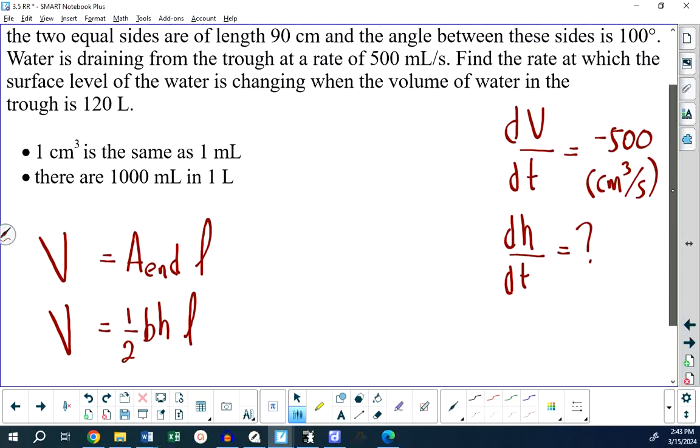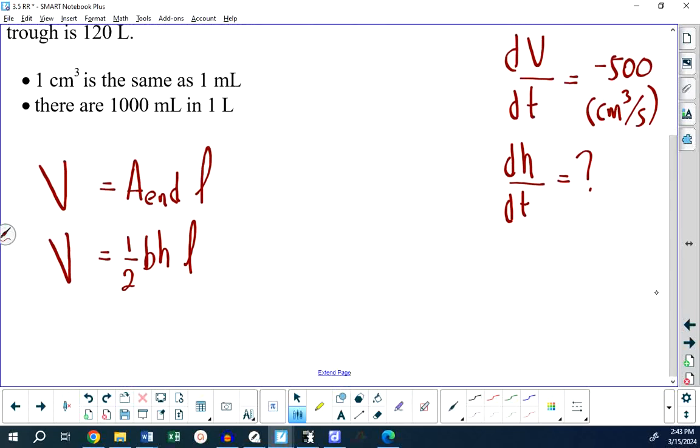One of the things we can do, though, is put in 150 for L. Because the trough is 1.5 meters long, that's 150 centimeters. And the trough is not shrinking.